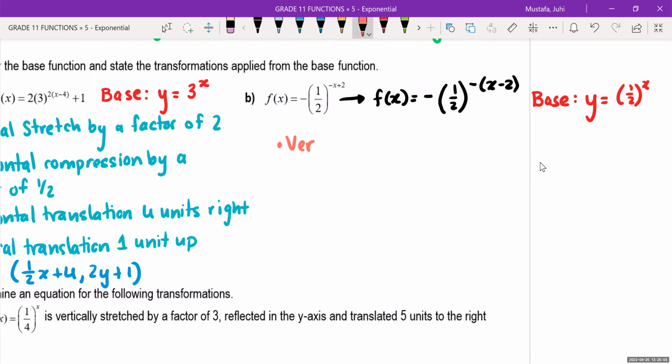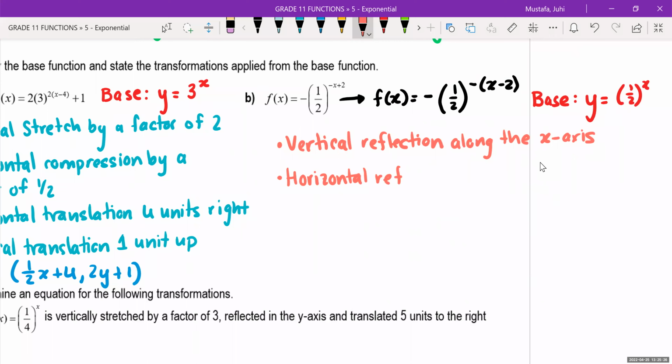Yeah, it's going to be a vertical reflection along the x-axis. We also have a negative in the exponent, so that would be a horizontal reflection along the y-axis.